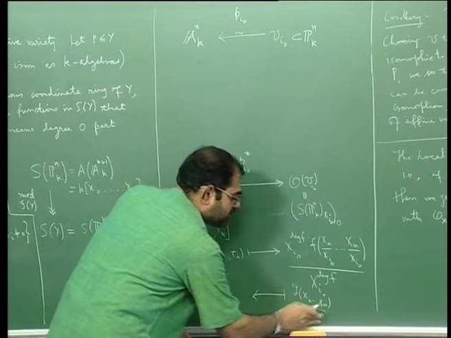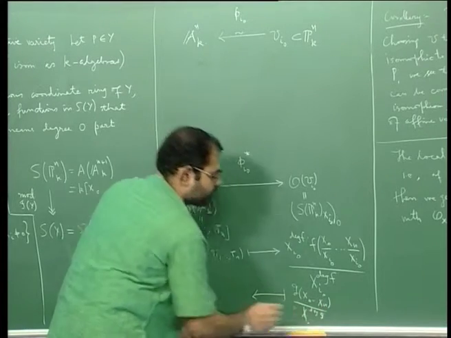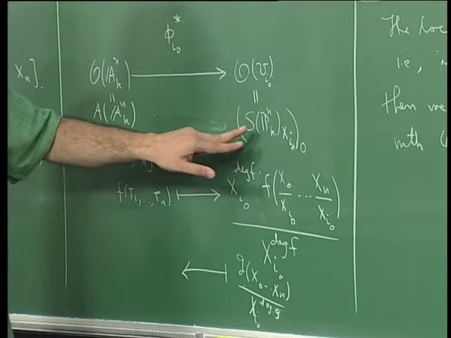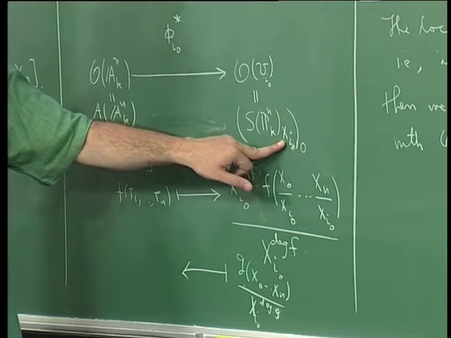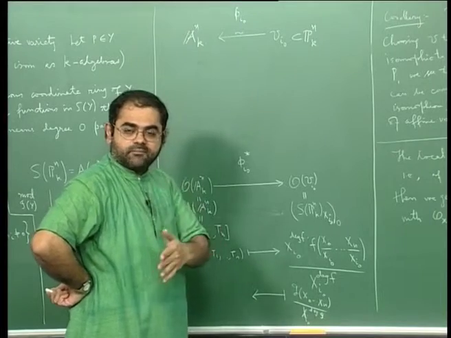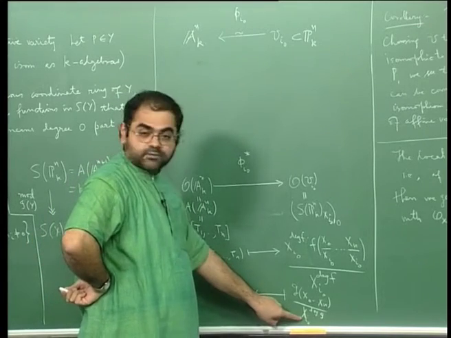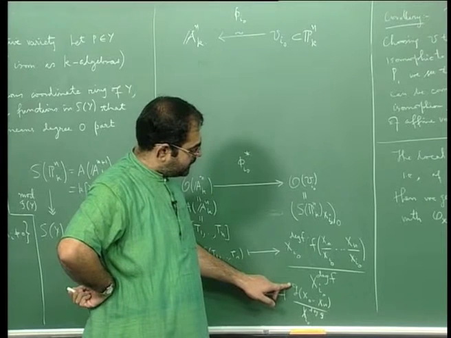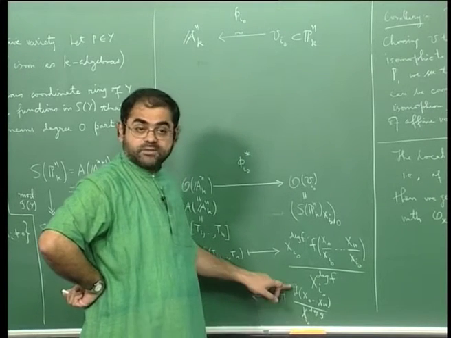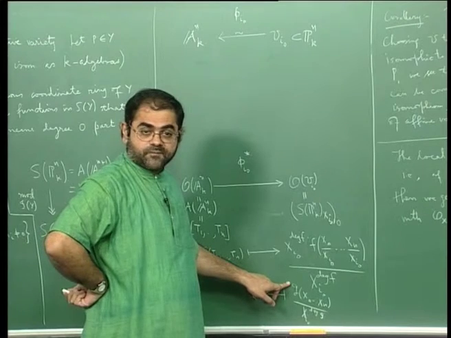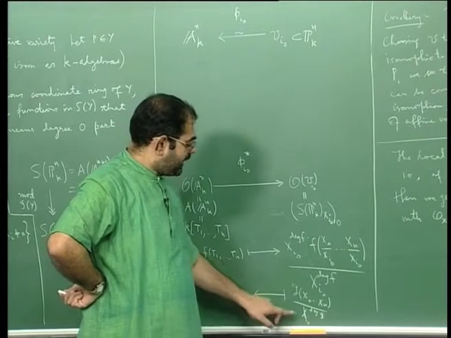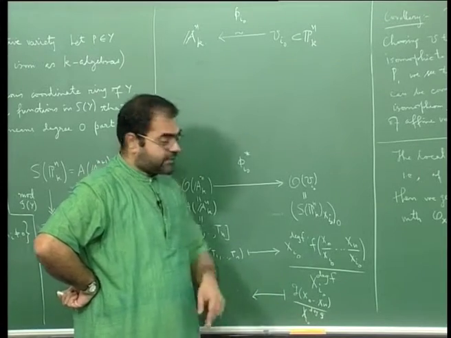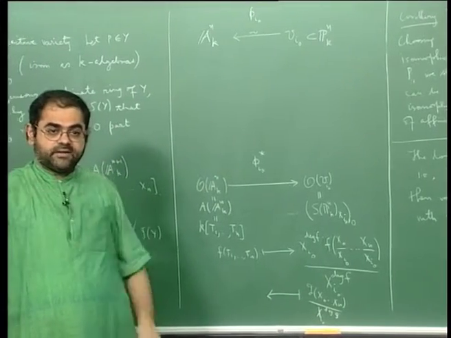This is how an element here will look like, because you are localizing at x_i0, which means you are inverting powers of x_i0, but then you want the degree 0 part, which means that the numerator degree and denominator degree should be the same. The numerator should be a homogeneous polynomial of a certain degree, and the denominator should be x_i0 to that power, equal to the degree of the numerator polynomial.